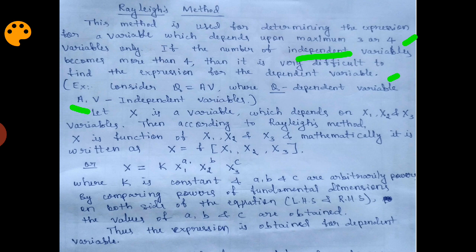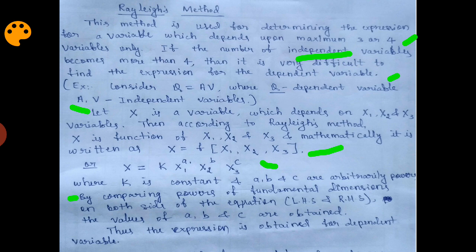We can write mathematically X is a function of X1, X2, X3, or you can write it in the form of an equation X equal to K into X1 raised to a, X2 raised to b, X3 raised to c, where K is the constant, and a, b and c are arbitrary powers.